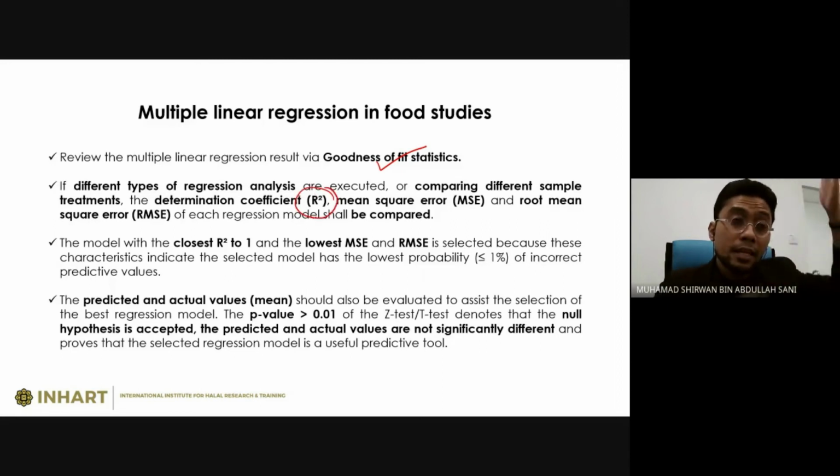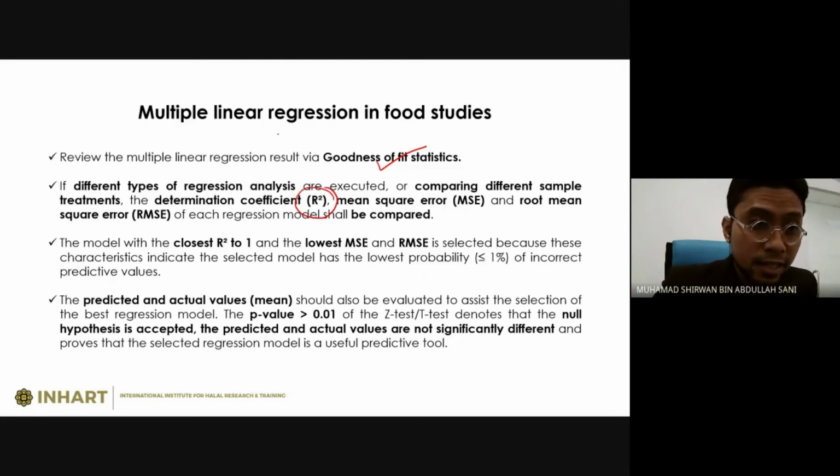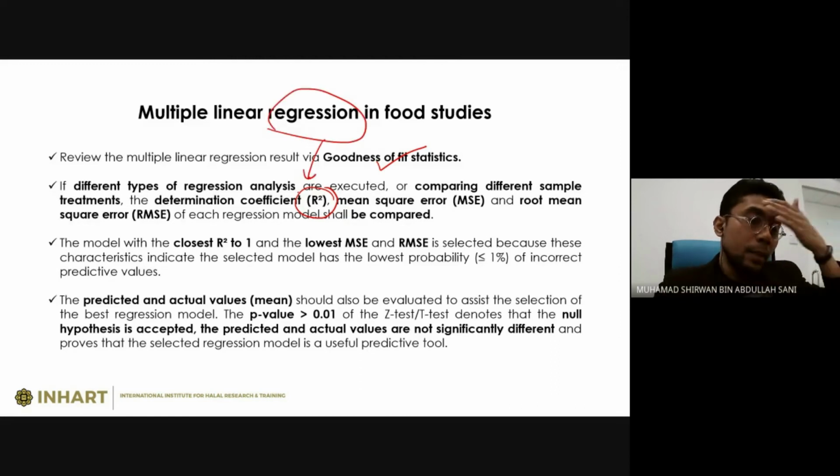This is the same as when we do ordinary regression, that's why the title is regression. Like making a calibration curve, we can get R square, okay? So we can refer to this R square. We also can compare the mean square error, MSE, and root mean square error for each regression.